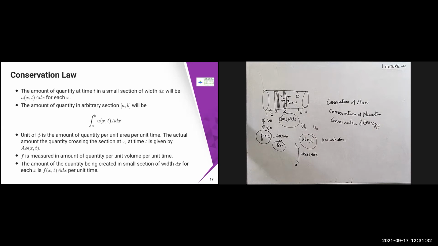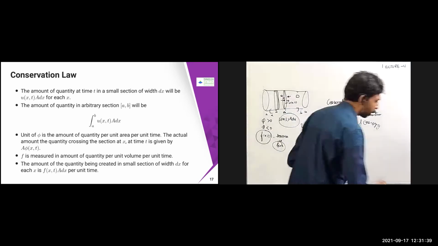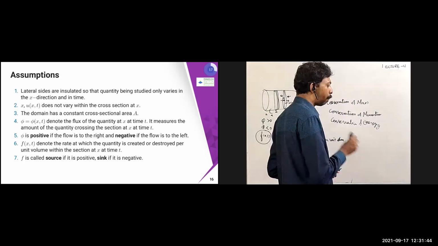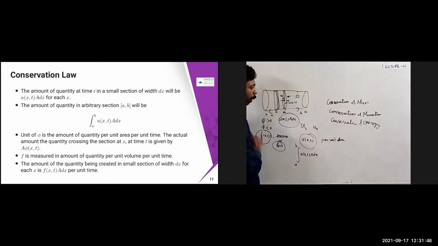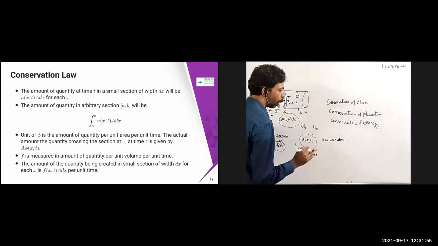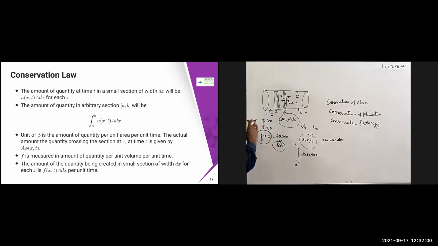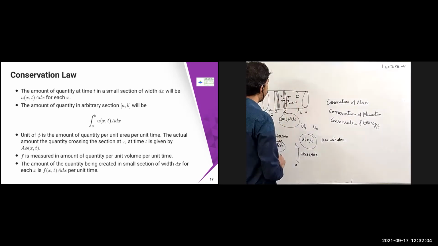Now, what is the unit of phi? The unit of phi is the amount of quantity per unit area per unit volume. What is phi? Phi is nothing but the flux: how much flux is going in and how much flux is going to come out. That we have to check. So what we are going to do is find the actual amount of quantity which is crossing the section, entering from one place and leaving from another place.